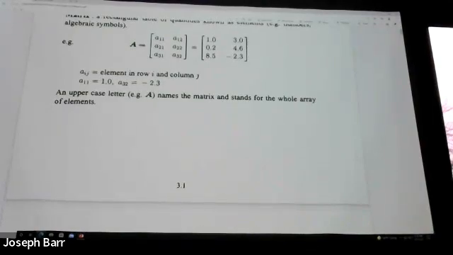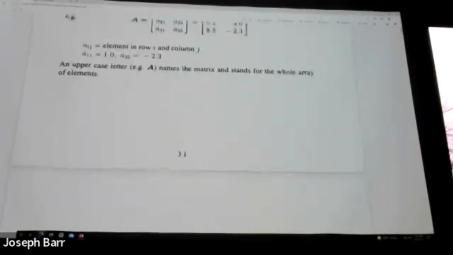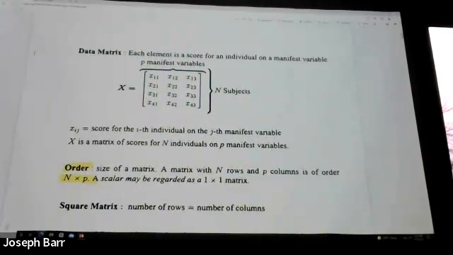Row i, column j, so Aij. We have different elements here. Usually we use an uppercase, capital letter to show that it is a matrix or vector. A vector is also a matrix, just with one row or one column. We have a lot of matrix applications.